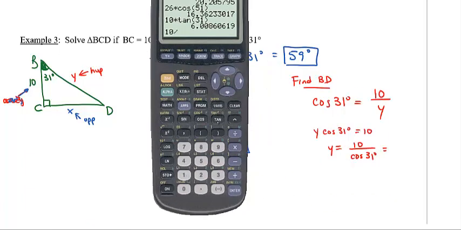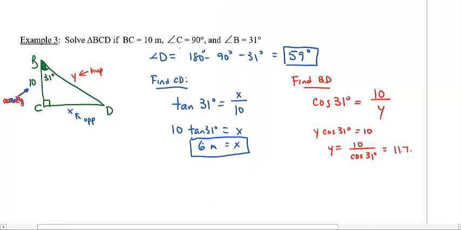And divided by cosine of 31 degrees, 11.7 meters. And there you have it. Okay, all right.